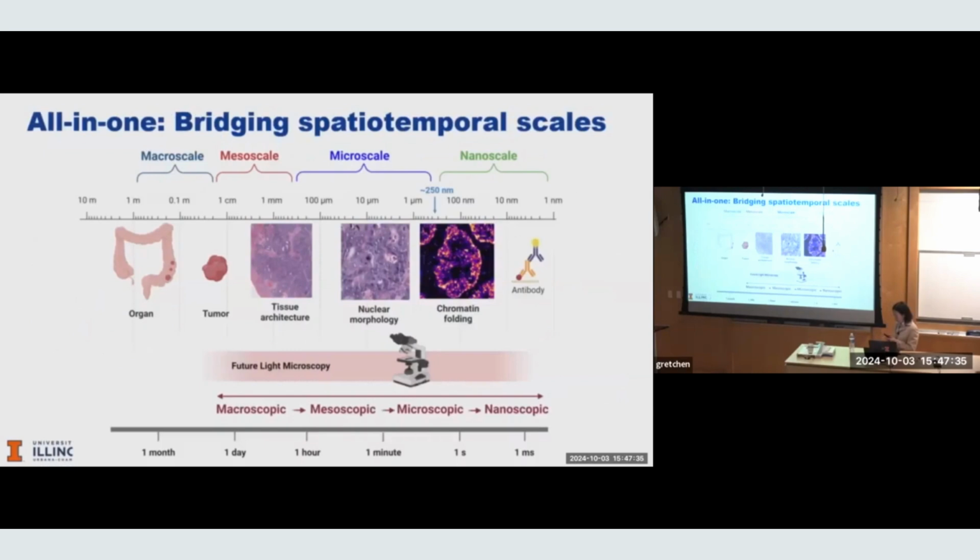For many years my research has been at the molecular scale, and more recently we have expanded to the mesoscale. The future is really a super powerful light microscope that can capture everything from macroscopic to nanoscopic scales, and a wide range of temporal scales.